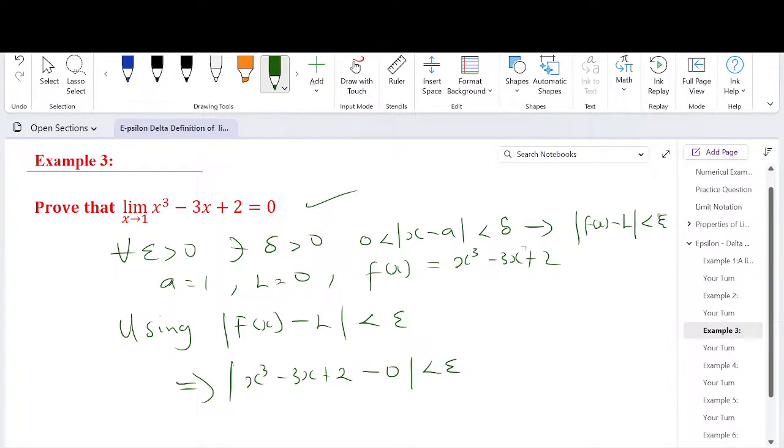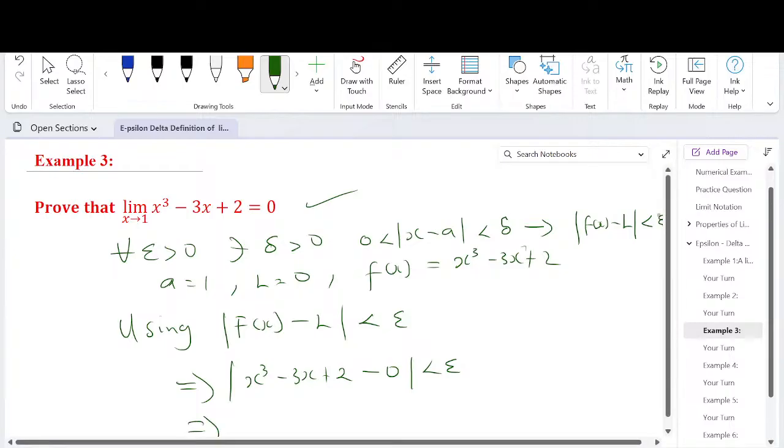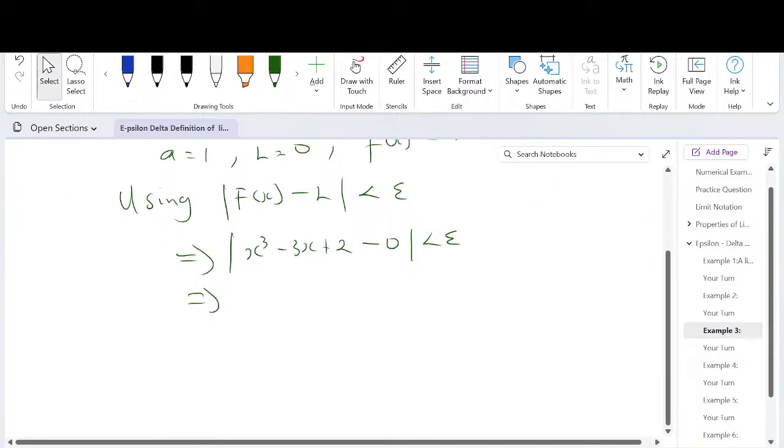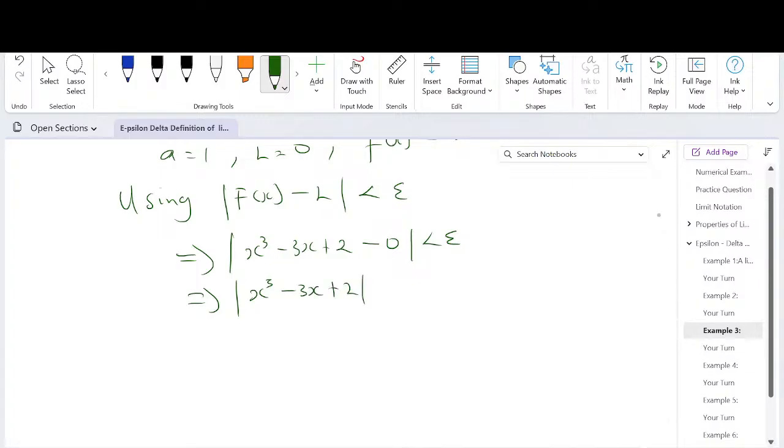So that is what it implies, which is x to the power of 3 minus 3x plus 2 is less than epsilon. Here we have two ways of doing this.